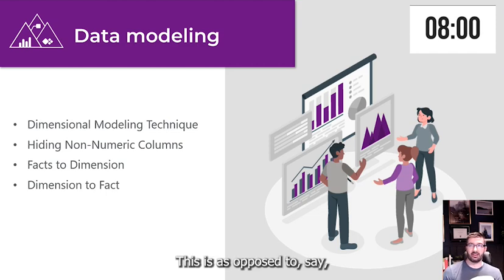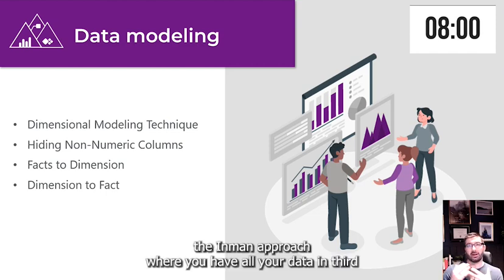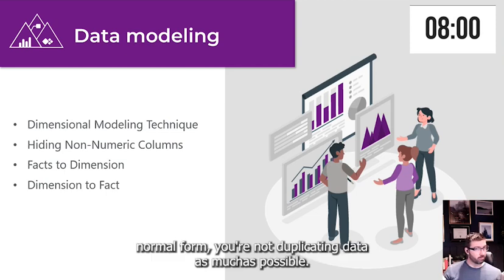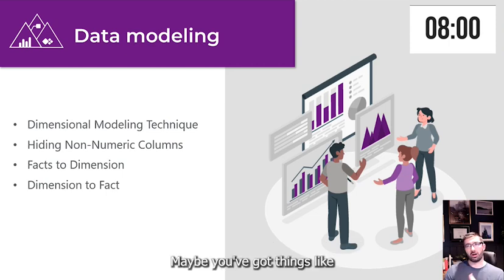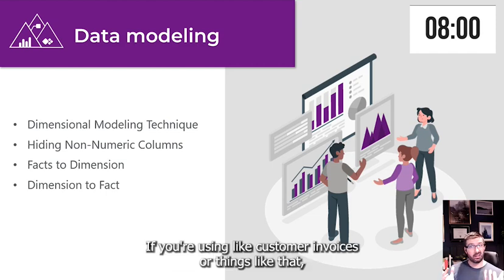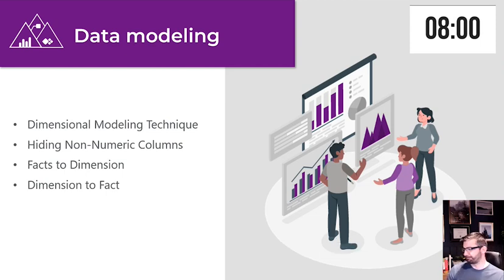This is as opposed to, say, the Inmon approach, where you have all your data in third normal form. You're not duplicating data as much as possible. Maybe you've got things like a header and a detail table if you're using customer invoices or things like that.